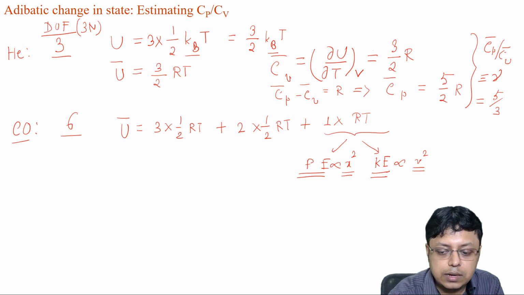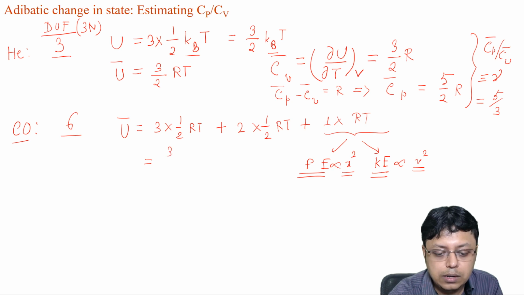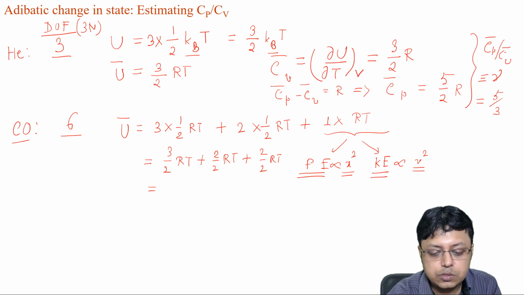So if you calculate in this way, for carbon monoxide we'll have 3 by 2 RT plus 2 by 2 RT for the rotations, and the vibration is also RT, which we can write as 2 by 2 RT just for ease in calculation. So 3 plus 2 plus 2 is 7 by 2 RT.